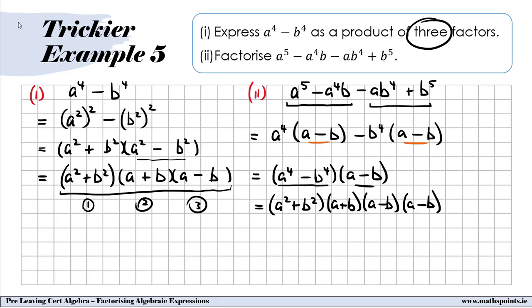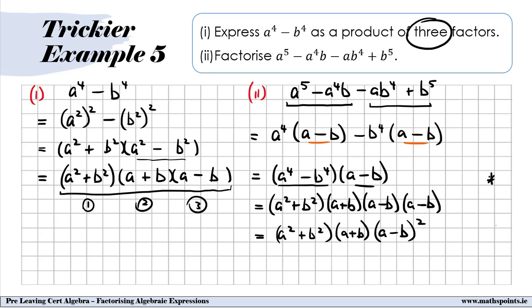And then one final line of factorization we could do is a squared plus b squared times a plus b, and then the last two factors, a minus b times a minus b, well, that's a minus b all squared.